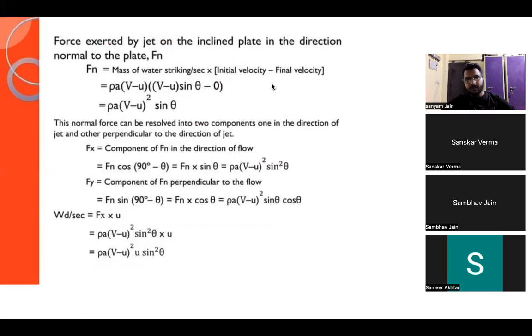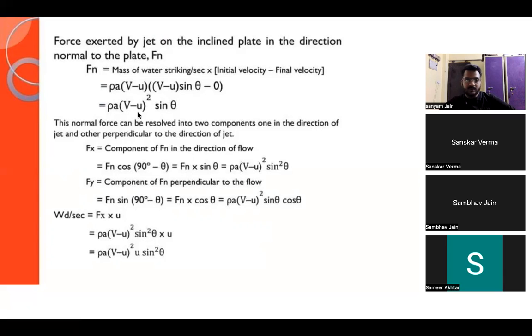Similarly, as in the previous slide, we have to take a normal component. In the previous case, we took a normal component of just V, but here we take a normal component of (V − u) sin θ. The final velocity is zero because the water comes to rest in the normal direction. So the force is ρA(V − u)² sin θ.